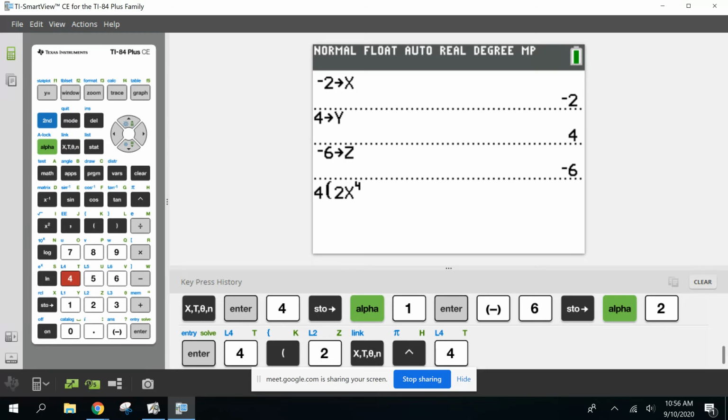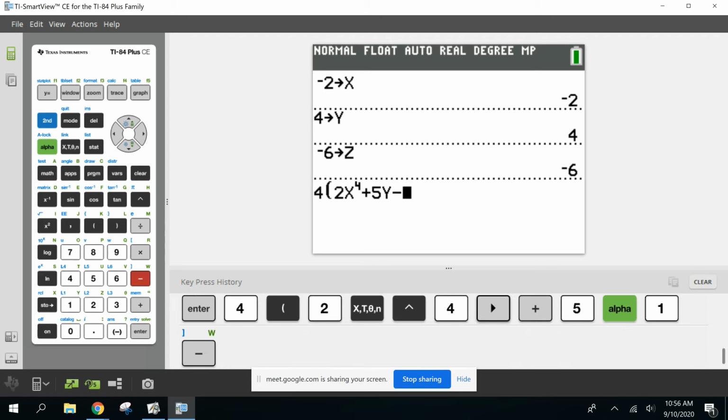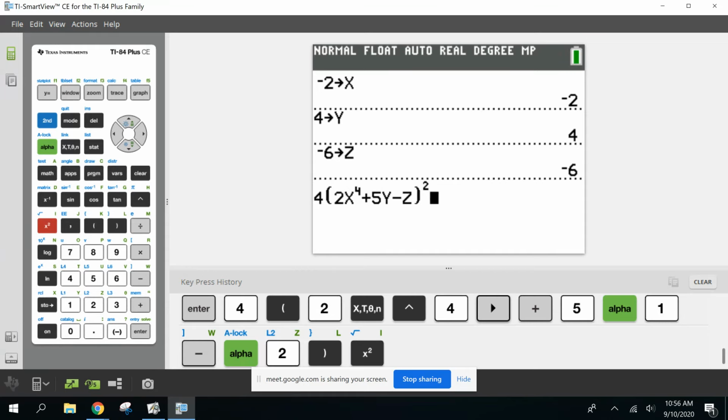Raised to the 4th. What else do I have? Plus 5y minus z. Plus 5, remember how to get the y, it's right above 1. Minus z, right above the 2, all squared. You can raise it to the second or hit the squared button. Minus x, right? Yep, minus x.